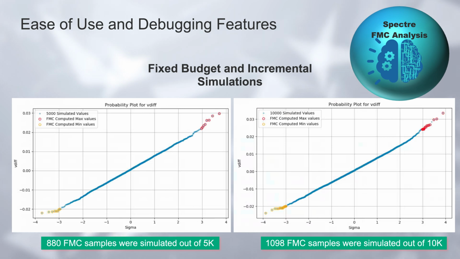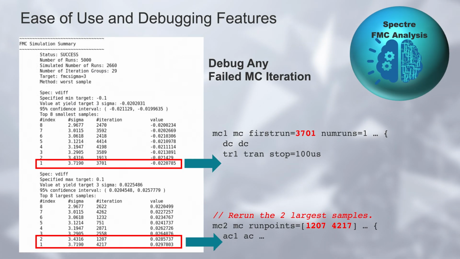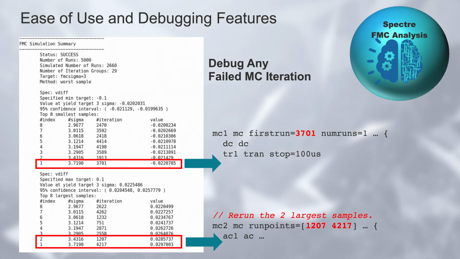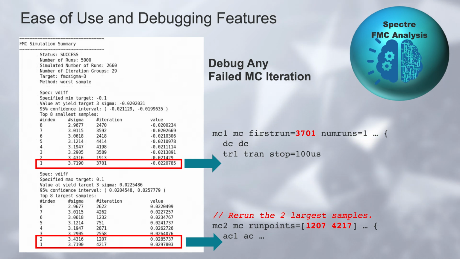And like I said before, since the technology is built on top of the core Spectre Monte Carlo engine, it's easier to identify the exact failed sample Monte Carlo iteration number and reproduce the failure to fix and improve the yield.